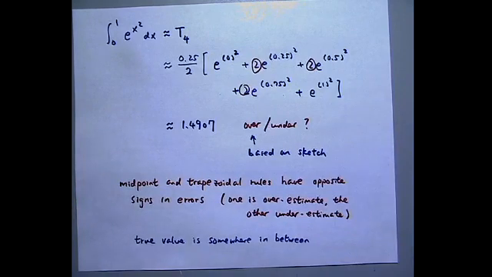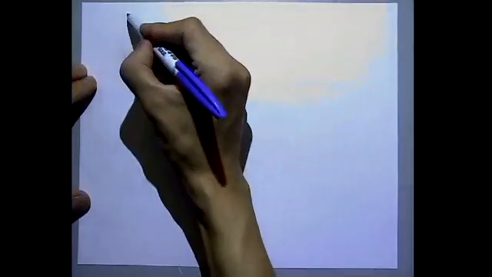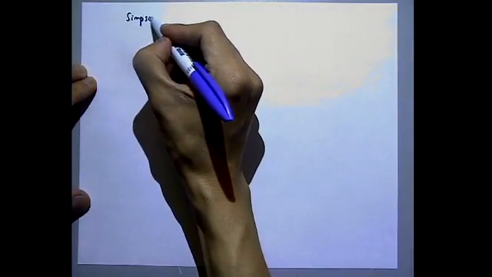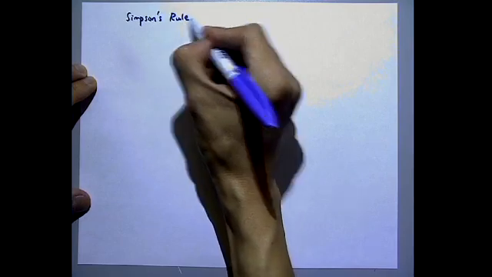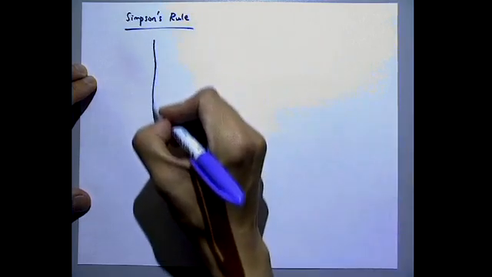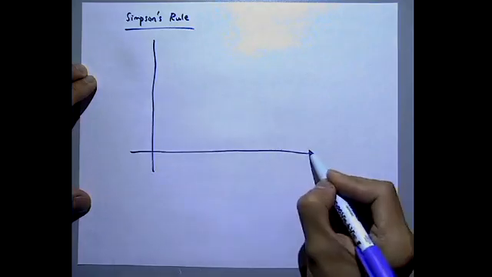And that's the point of Simpson's rule, which we'll look at next. It's to find kind of a medium between these two to get closer to the true value of the integral. Again, I'll give you graphically what it's doing and then the formula.